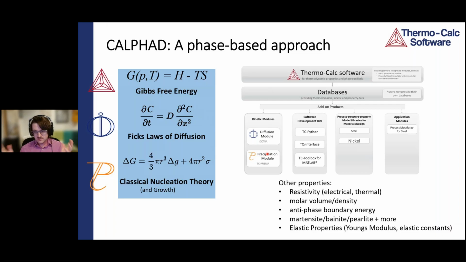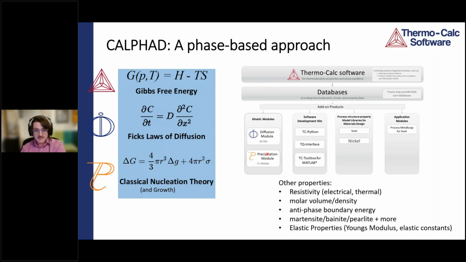So we're not just doing some regression fits and trying to say these are the properties of the material. We really look at the Gibbs free energy and we assess the Gibbs free energy change as a function of chemistry and temperature for many phases in a system, and that allows us to learn a lot about the material behavior as a function of chemistry and temperature. And I'll talk more about how that works in a few slides.